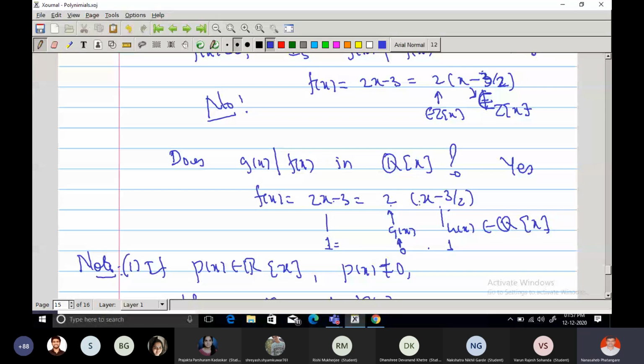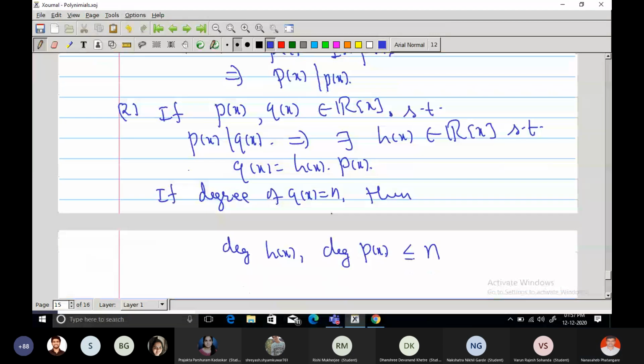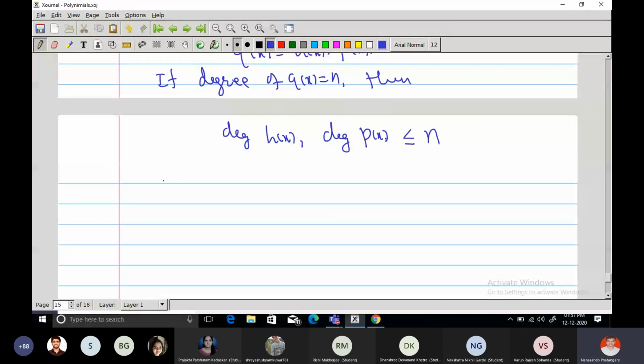In fact, what is one more observation? Moreover, the degree of p(x) plus the degree of h(x) must be equal to n. That should happen by the multiplication principle. If you multiply two polynomials, what is the product? Why?